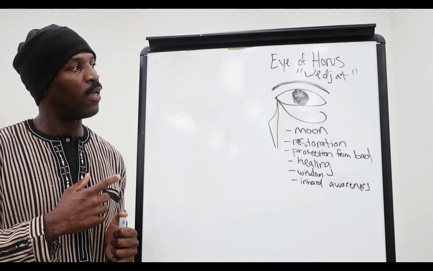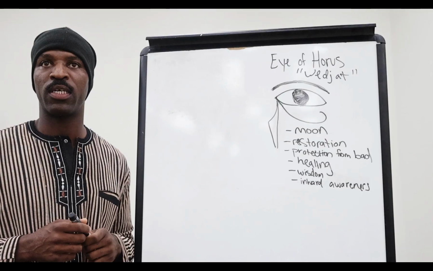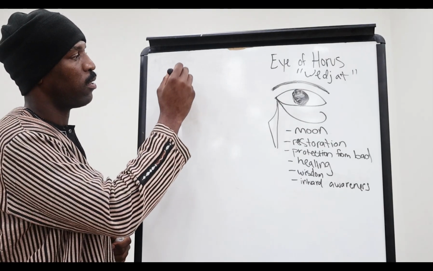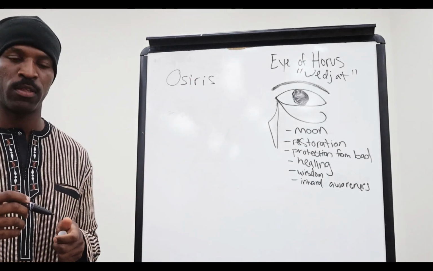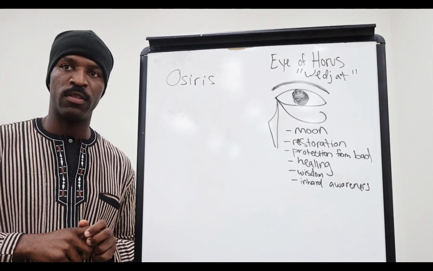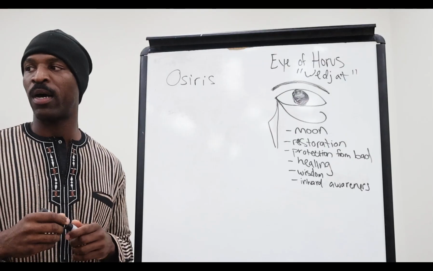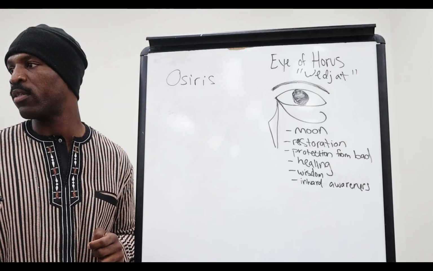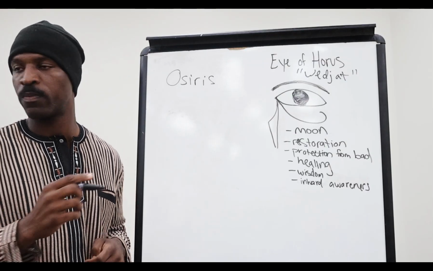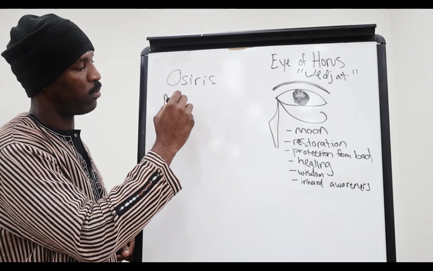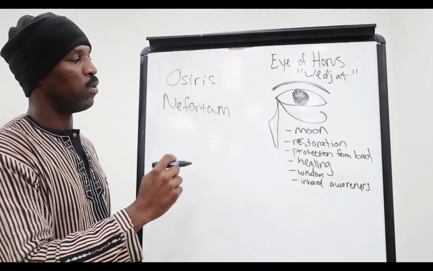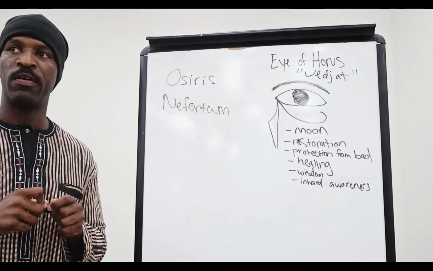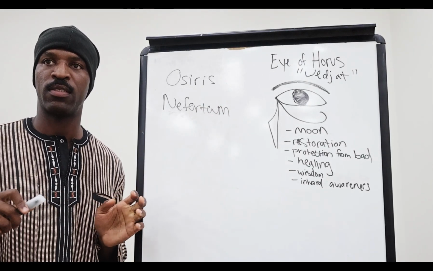So they believed that Osiris was the god of plants, right? They believed Osiris, who is Horus's father, was the god of the physical plant body, and they had another god, Nefertum, who was the god of oils and scents, right?